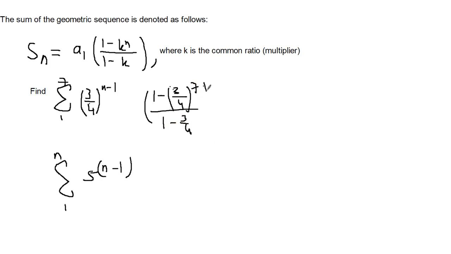I think that's the equation. And I can figure out the sum pretty easily. From there, it will just be 1 minus 3/4 to the 7th power divided by 1 minus 3/4.